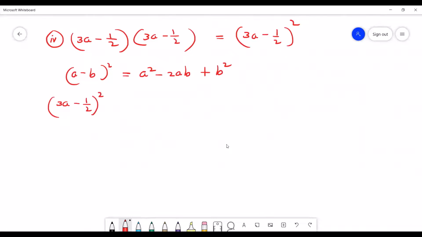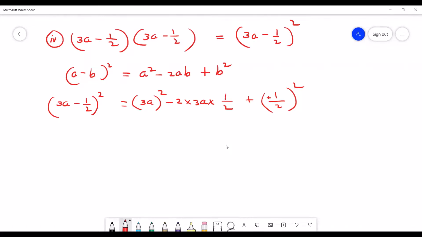3a minus half whole square. So instead of a square, we will use it as 3a square. Then minus 2, a is 3a and b is half. Then we are having b square, that is minus half square. Don't take it as half only, half square. If you take it as minus half, then also you will not get any mistake.